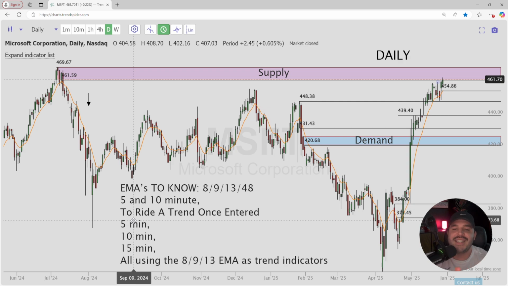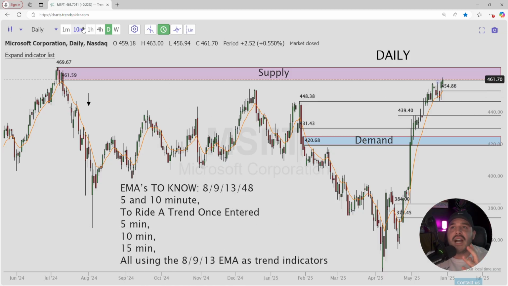It's going to be essentially the same thing. Please use whatever EMAs you like. Same concept. I just personally like the 13 and the 48. And as far as the 8 and the 9, those are interchangeable. You're not going to see much difference. So if you like the number 8, use the number 8. If you like the number 9, use the number 9. 21 is an extra added confluence, but I'm going to leave it out here for this video.